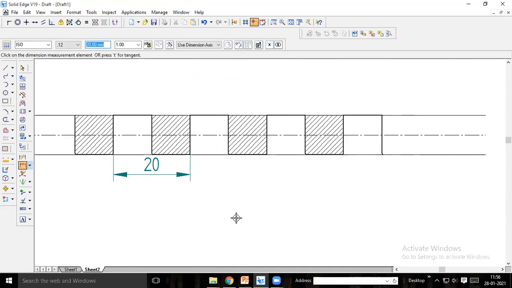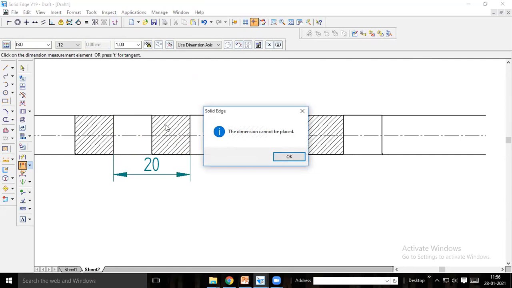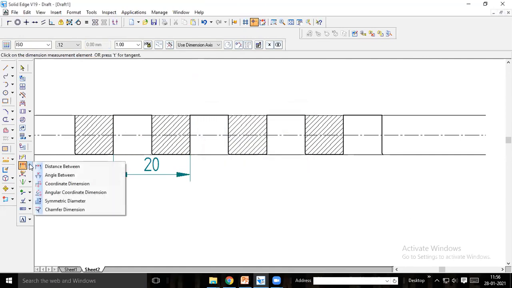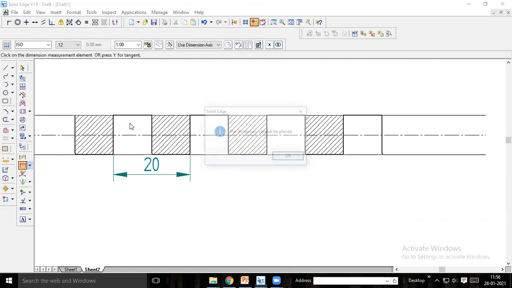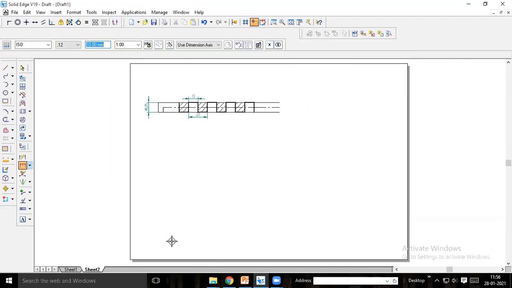The pitch value is 20. Okay, so this value, like this you should mention.